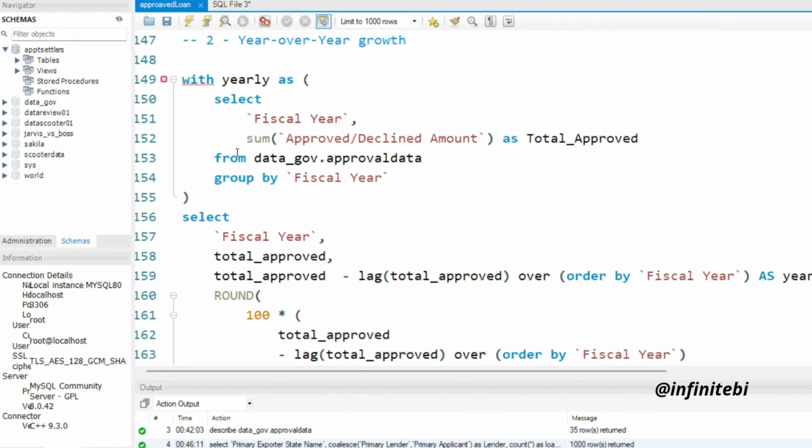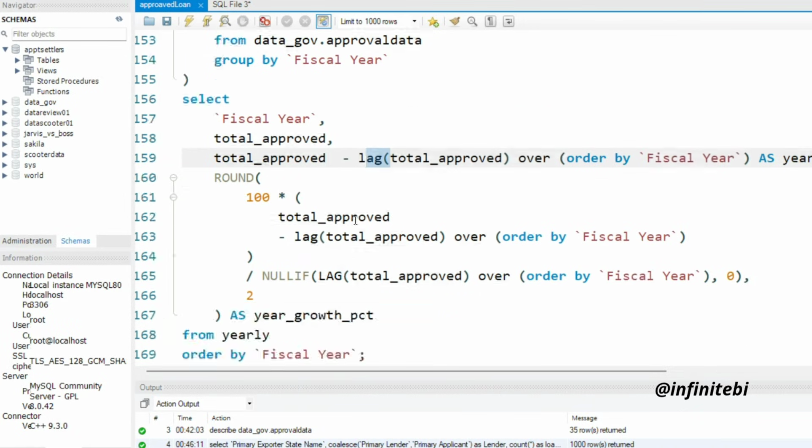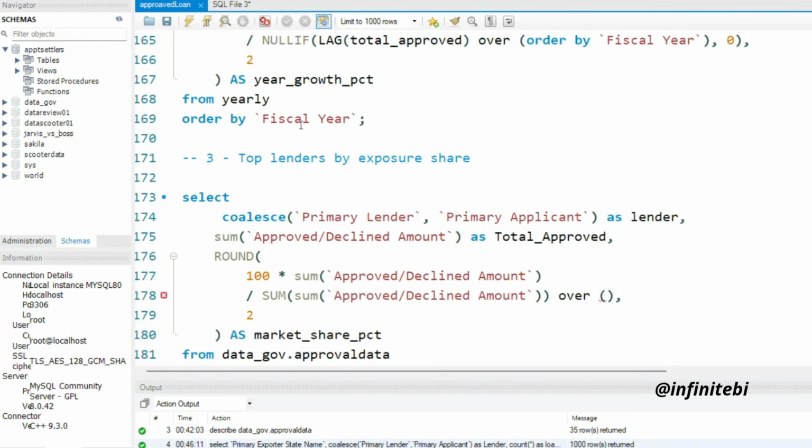I got the year and the total approved by year, and on the CTE I got the total approved by year, and then I do a lag function. So what I do, total approved which is already calculated, is grouped by, and also ordered by fiscal year descending, so by year.